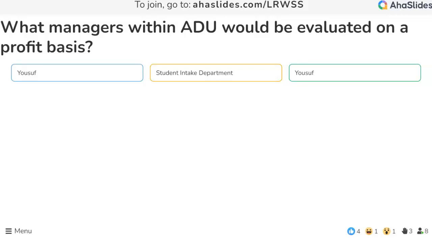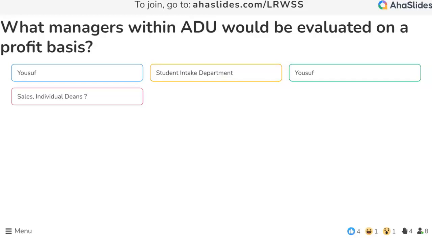That is judged on how much revenue they generated minus how much costs they incurred. Now, somebody gave me the answer last time. Who's that? No, not sales. Oh, wait a minute. Individual deans. Yes. You understand what I'm saying? When you look at Abu Dhabi University, you have the School of Business.